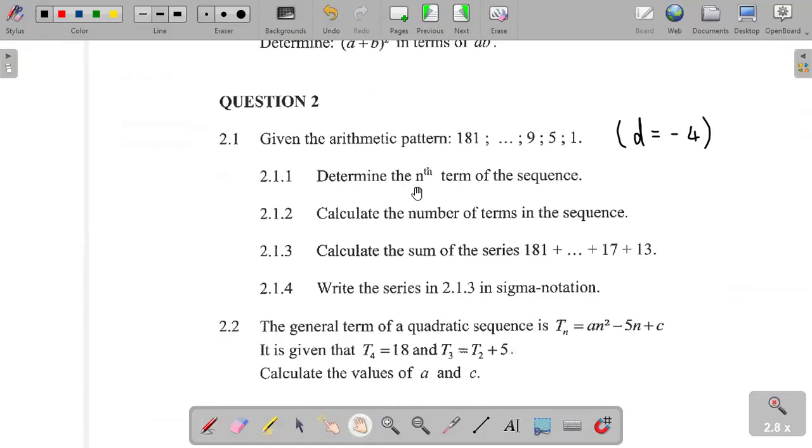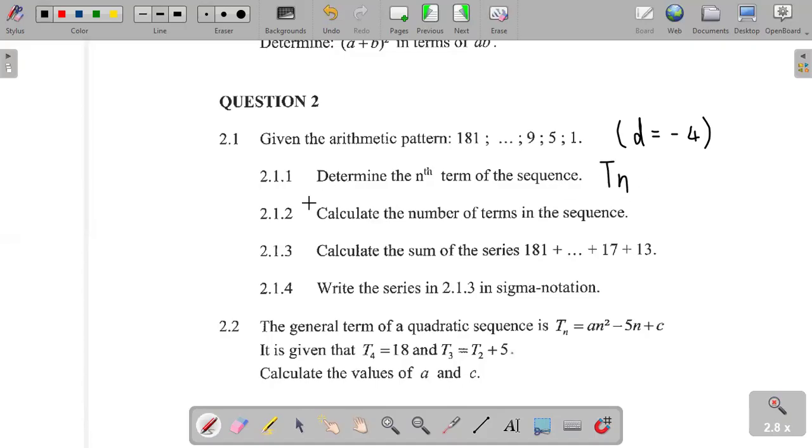So they say determine the nth term of the arithmetic sequence. Okay, the nth term. So the nth term is Tn.